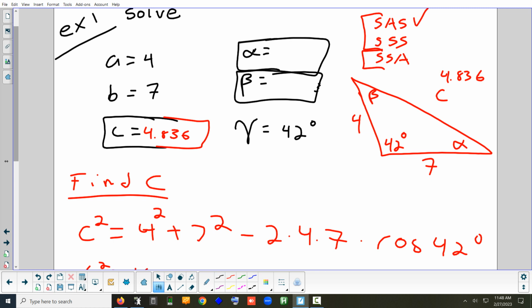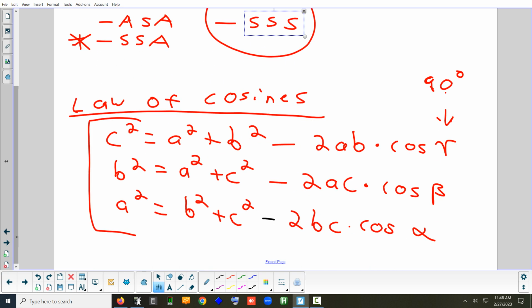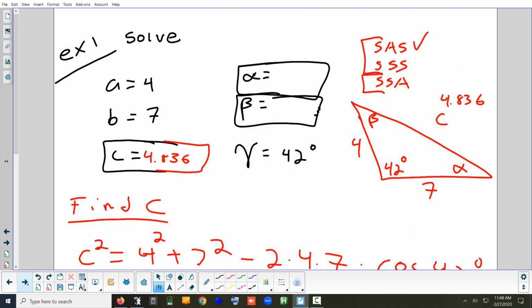Once you know all three sides, you know everything in every one of these formulas. So you can pick any version you want to find the angle you're missing. We would want to pick either alpha or beta. Let's do alpha.